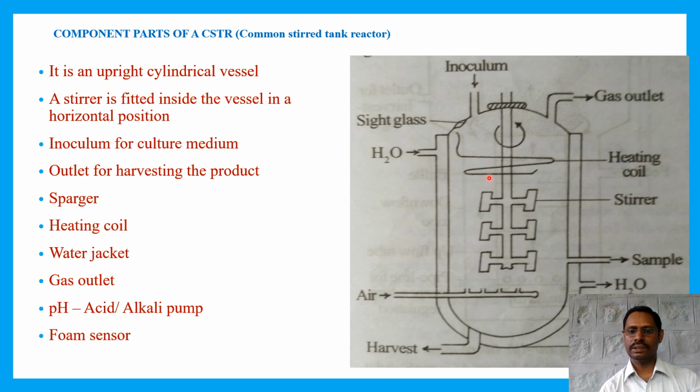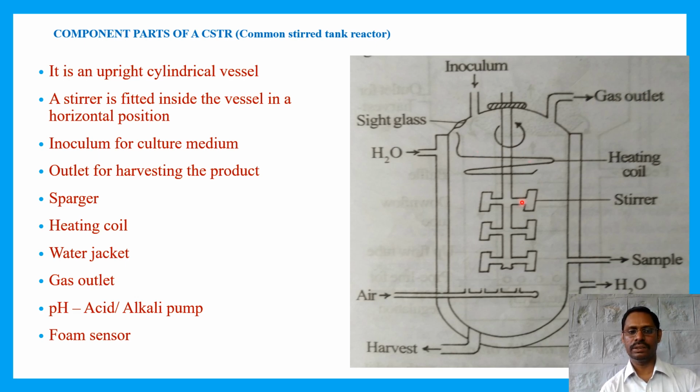If there is an increase in heat, then we can pass cool water and the temperature of the fermenter can be reduced. So the heating coil is to maintain the temperature. Air gets into the fermenter, and after utilization by the microorganism, carbon dioxide gas is released through the outlet pipe.